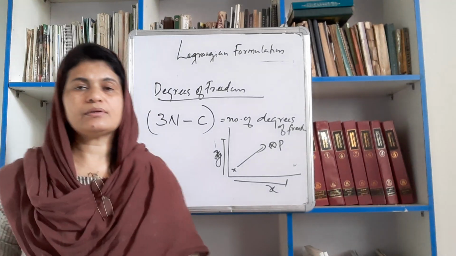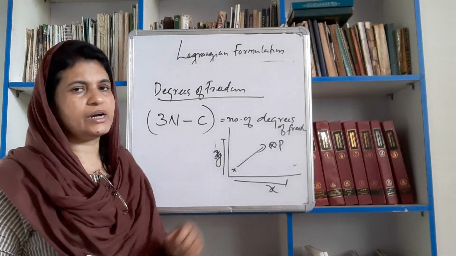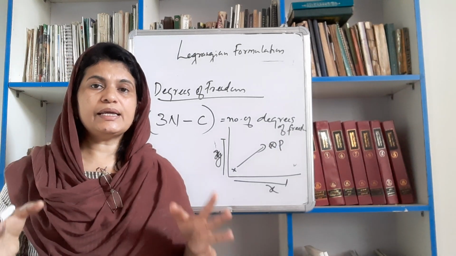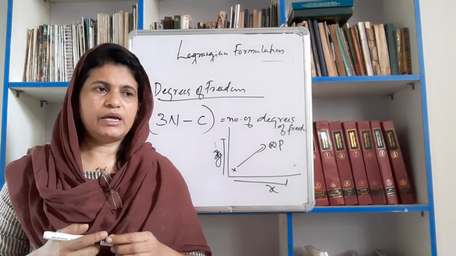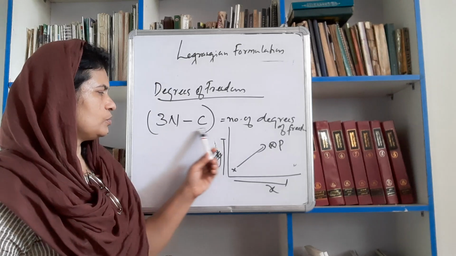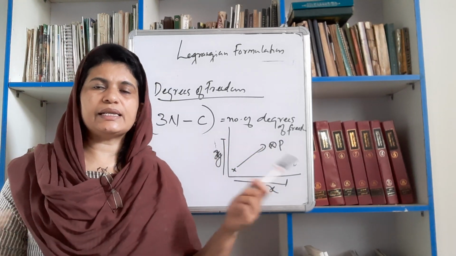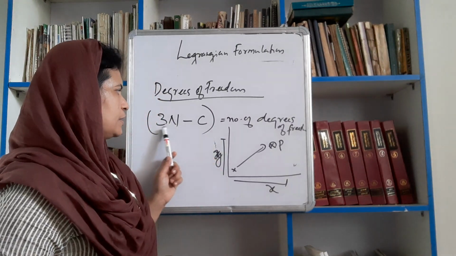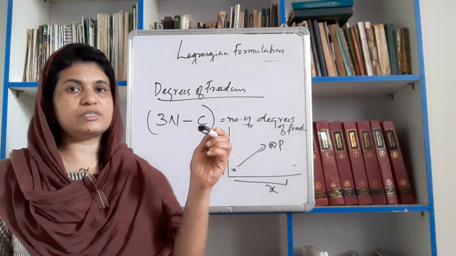While we are studying rigid bodies, we will study something more regarding this point. That is, if there are 3n generalized coordinates, a body has 3n generalized coordinates. I am writing on this board using this chalk, and this writing has 3 degrees of freedom. But there are certain constraints. I can write only along this direction, I can write only along this direction, I cannot write along this direction.